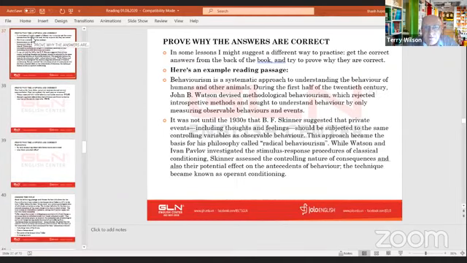So here's the reading. And if we look at the end of the first paragraph, by only measuring observable behaviors and events. And if we look at the second paragraph, their potential effect on the antecedents of behavior.